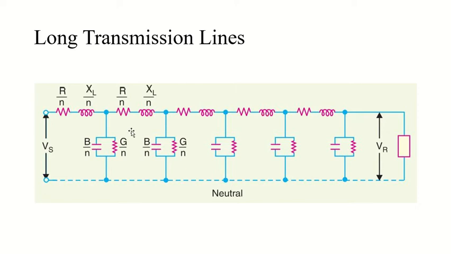So now let's come to the figure. Let's see this image here. So what is it showing? It is showing the equivalent circuit of a three-phase long transmission line on a phase neutral basis. So the whole line length is divided into n sections, as you can see here, and there are n number of sections in which my line has been divided.